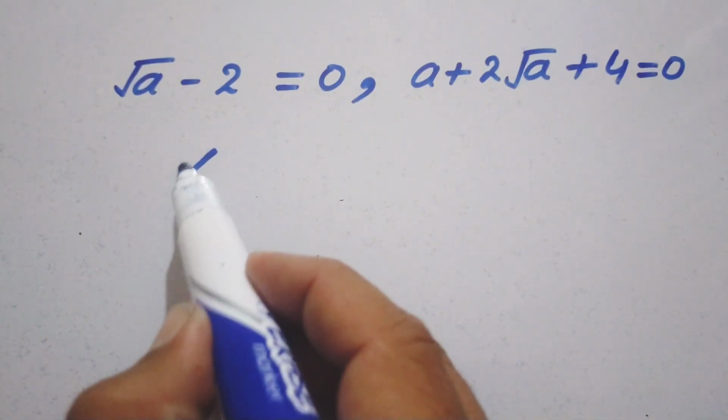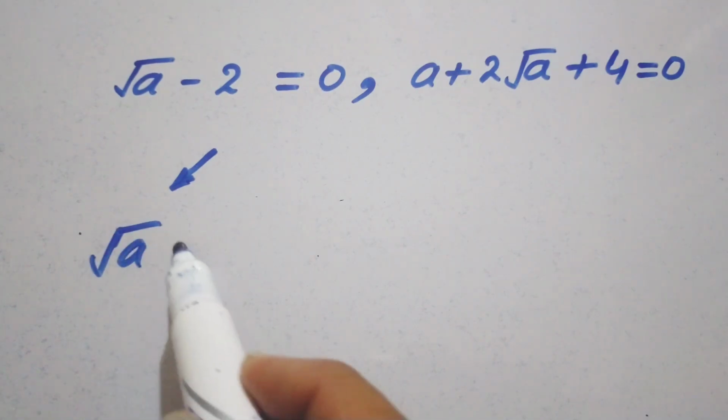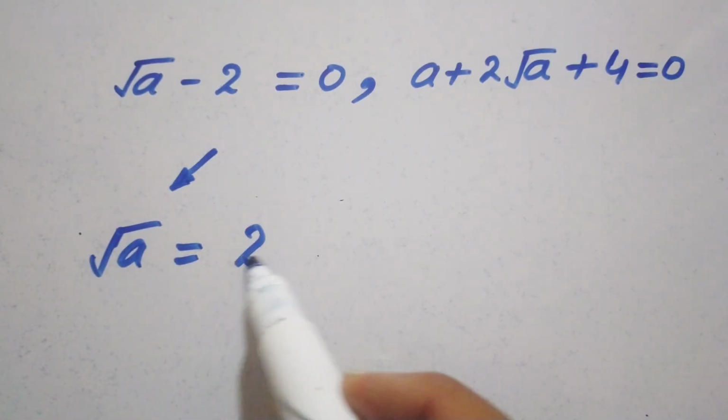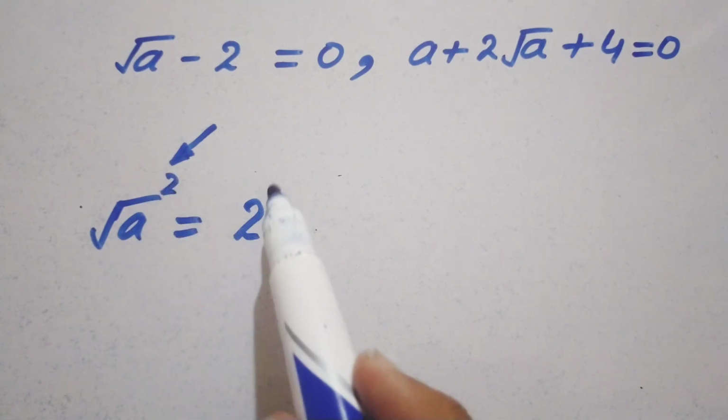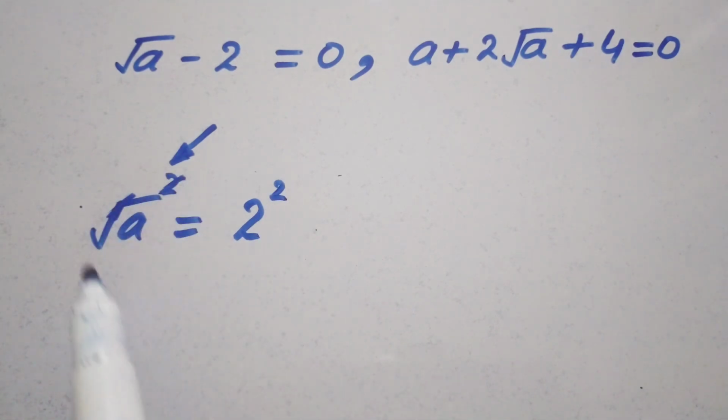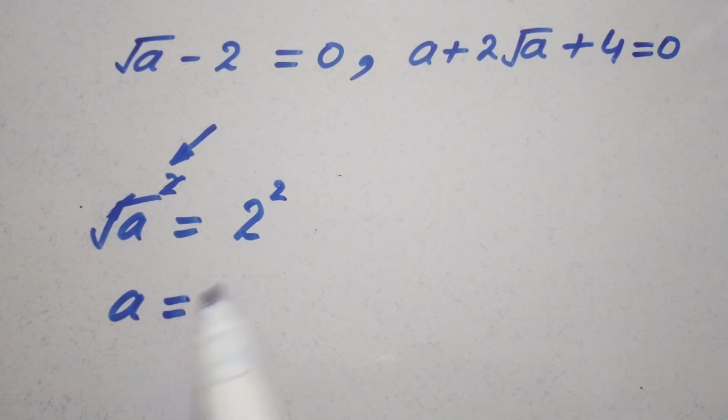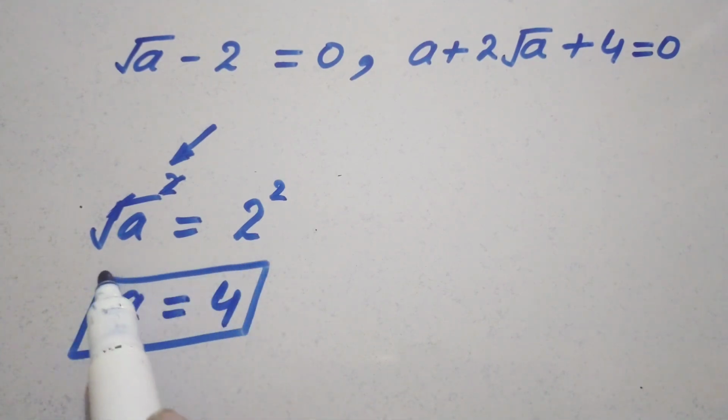From this we get square root of a is equal to 0 plus 2, but we are interested to find a, so taking square on both sides, the square root and square cancel out each other. We are left with a is equal to 4. Hence we have found the first value of a, which is 4. This is a real value.